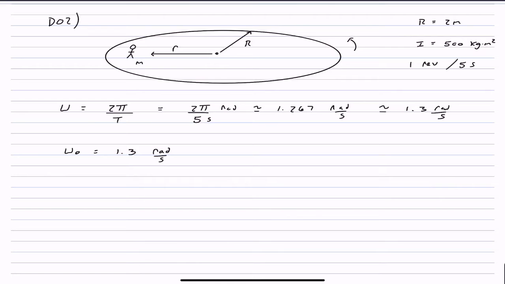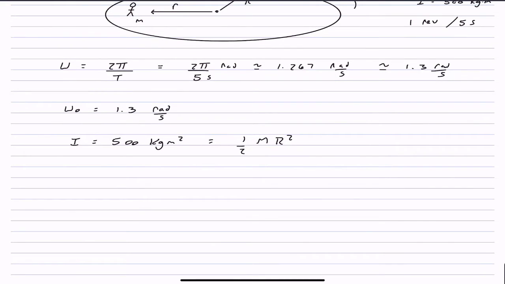Now what about the mass of the merry-go-round? I don't know if we'll need that necessarily, but we can still figure it out easily enough. We're told the moment of inertia is 500 kilograms meters squared. Since this is essentially a disk, we can model it as a disk. The moment of inertia is going to be 1/2 mr squared.